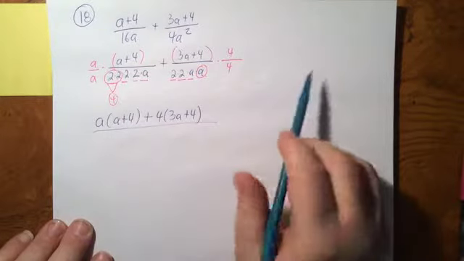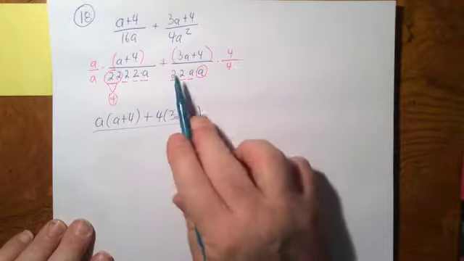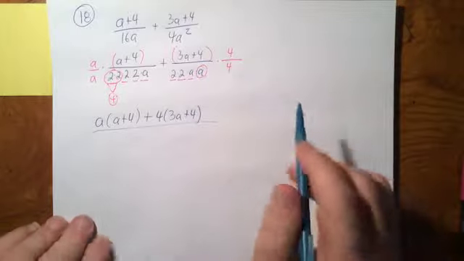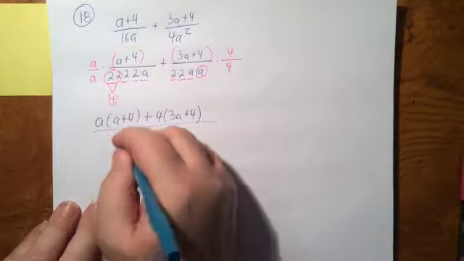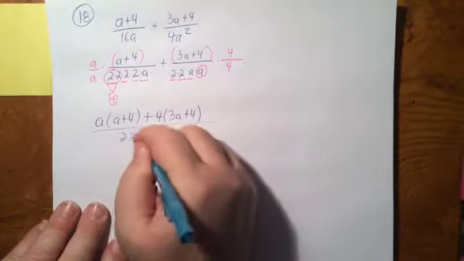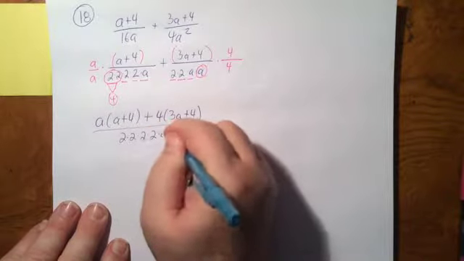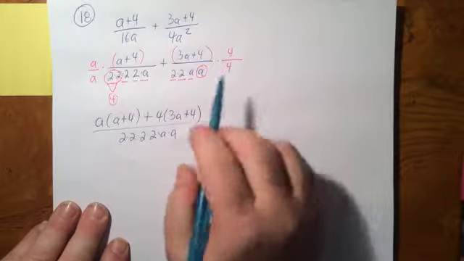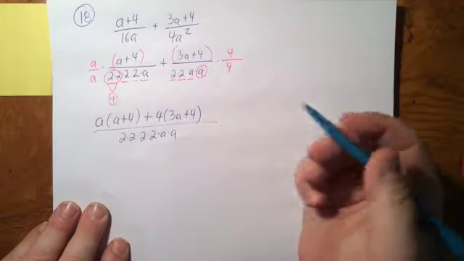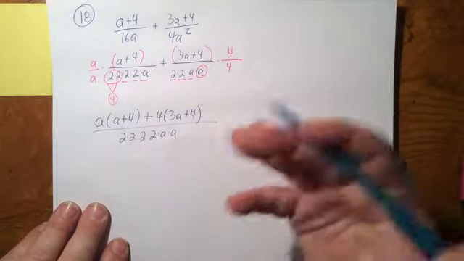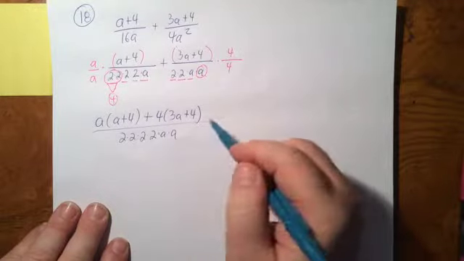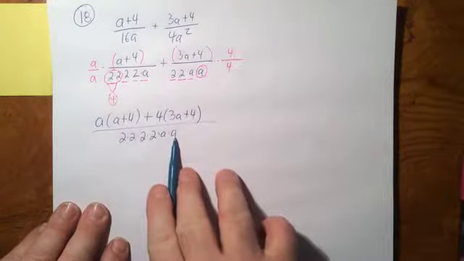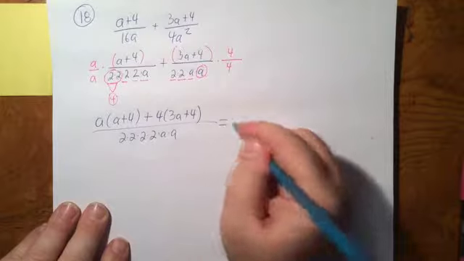Let's make sure this is the same. Well, that's 4 times 2 times 2 times a times a. So we'll write it out as 2 times 2 times 2 times 2 times a times a. If you kept the 4, made it 4 times 2 times 2, you can do that. Just be aware that you may need these factors later on. So that's why I'm keeping this as simple as possible right here.